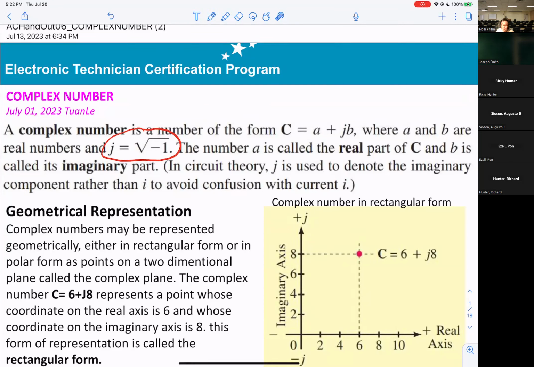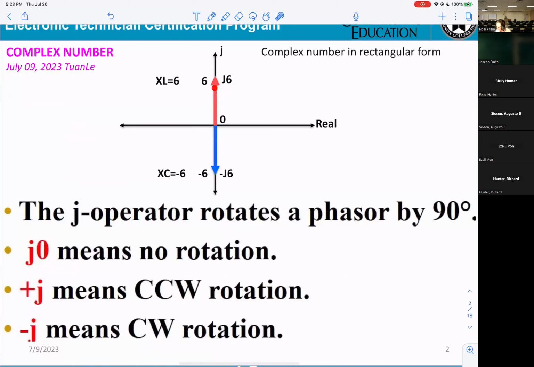This is 0 degrees. You go this way, rotate 90 degrees, and you get J. However, going down here, then you know how many degrees.